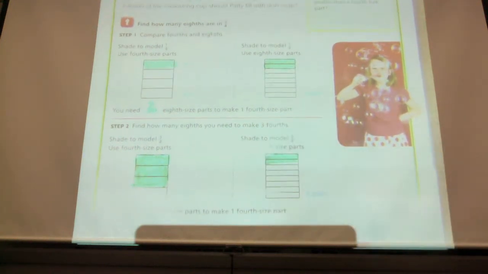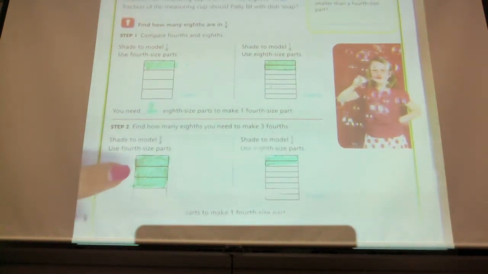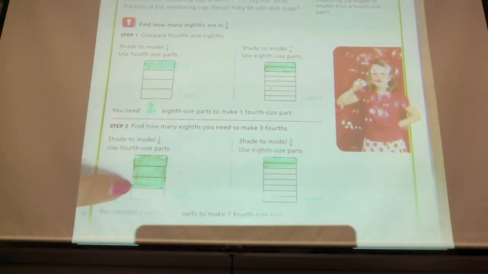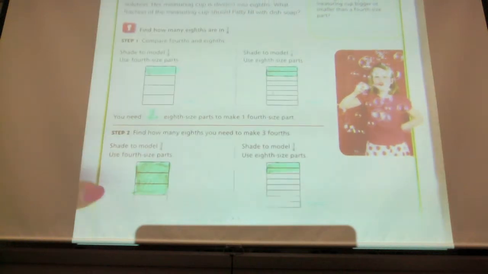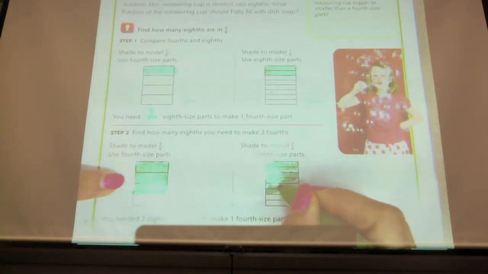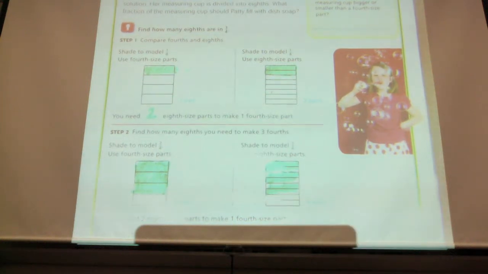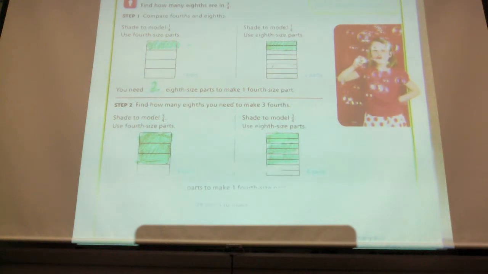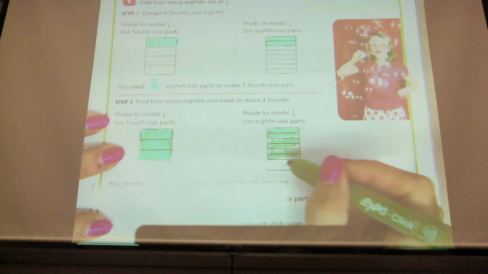That's 1. How many do I need to have? 6. Well, you're right. But the question here is I have 3/4. So 1/4 is 2. 2/4 will be 4. And 3/4 will be 6. And I'm showing you, there's that glare. So each time I do a 1/4, I'm going to need 2/8 to equal the same amount.